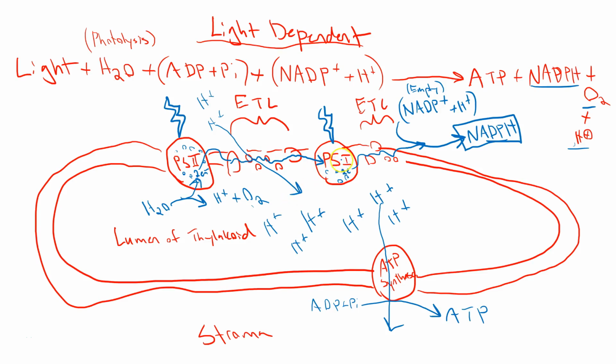The electrons then are transferred from photosystem 1 to reduce NADP plus H plus to make NADPH. And then lastly, the hydrogen ions would flow down their concentration gradient out again to make the ATP synthase work in order to make ATP.